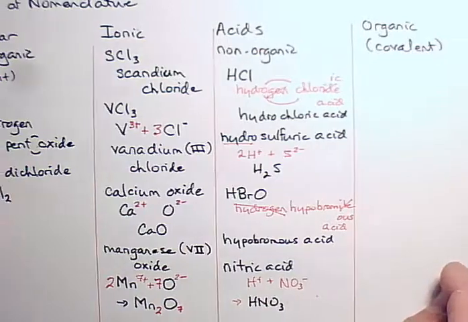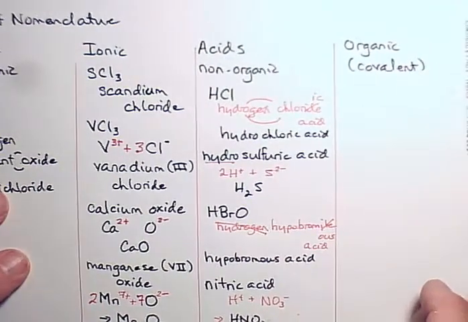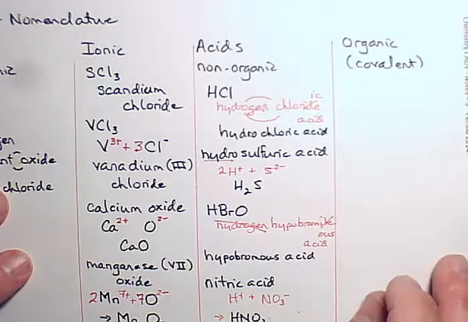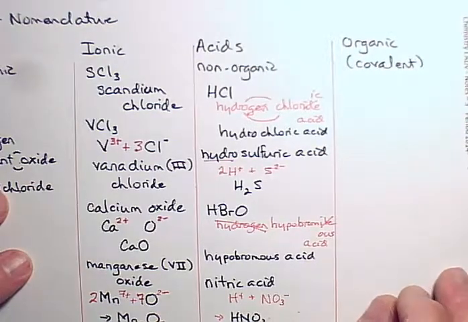Now, with organic compounds, you have to memorize the prefixes up to 10 and the suffixes for single, double, and triple bonds and side chains.